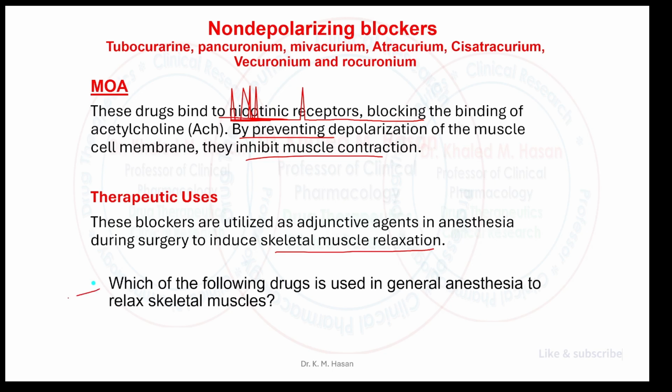Now the question: which of the following drugs is used in general anesthesia to induce skeletal muscle relaxation? We have a list of medications, atracurium, cisatracurium. How do they work? They bind to the nicotinic receptor and cause relaxation.